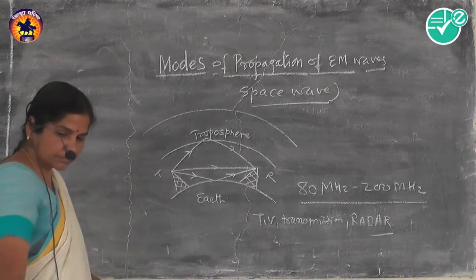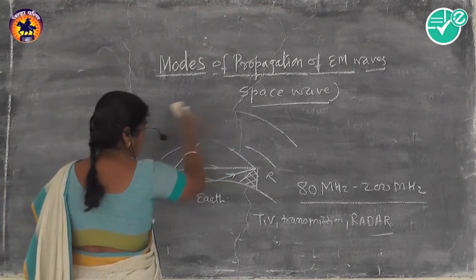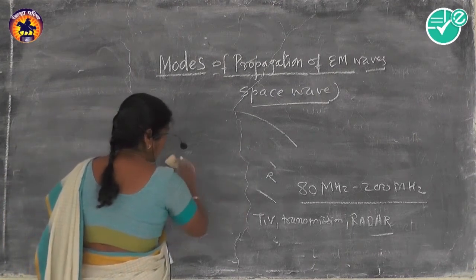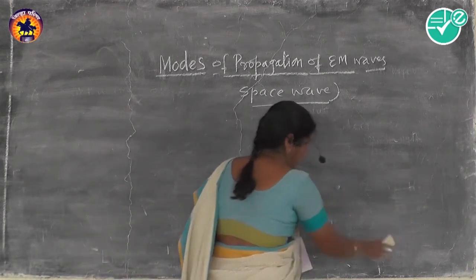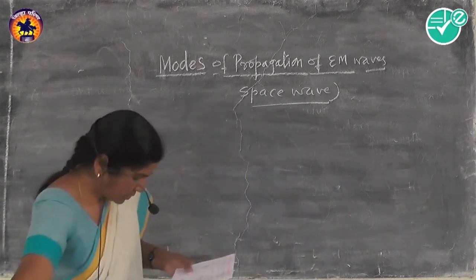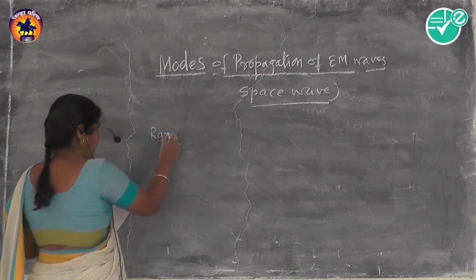Now here we have two definitions. Such three propagations can be considered for electromagnetic waves. Now there is a definition of range. What is range?